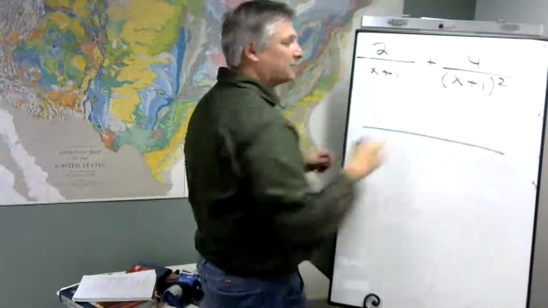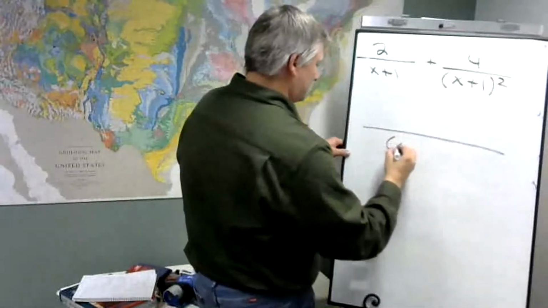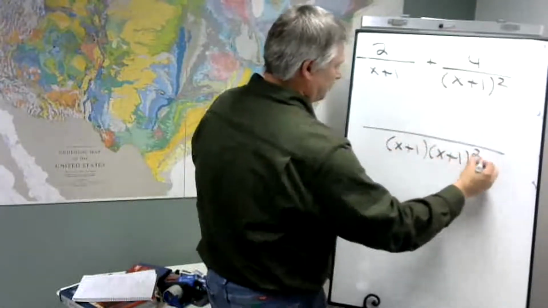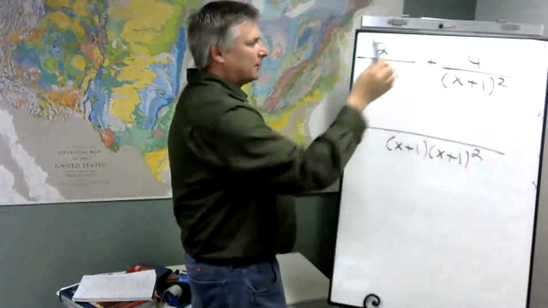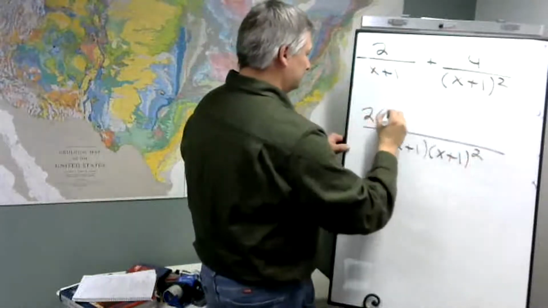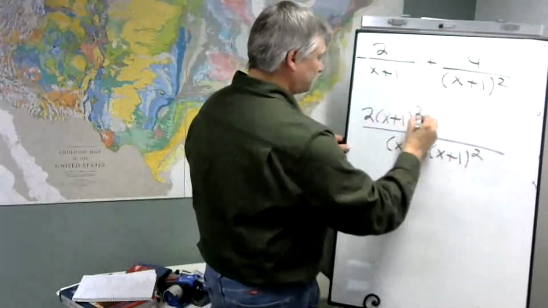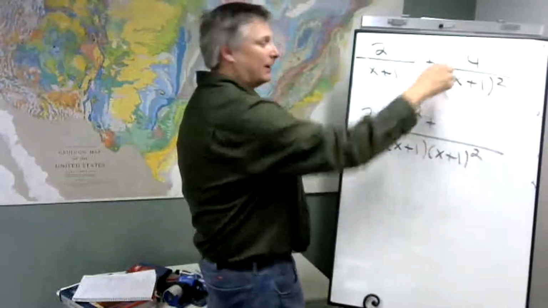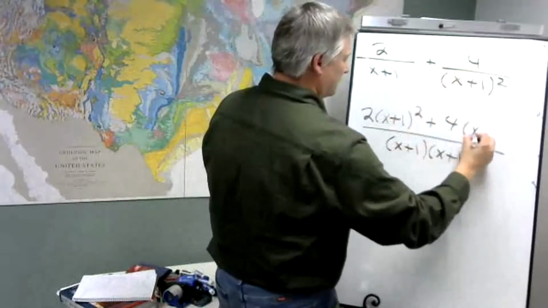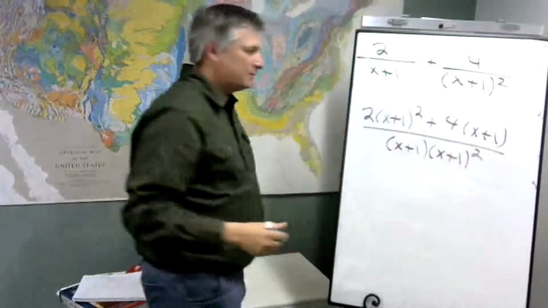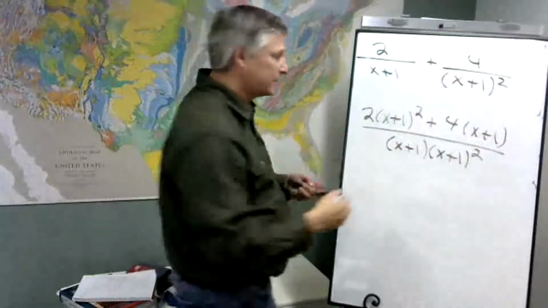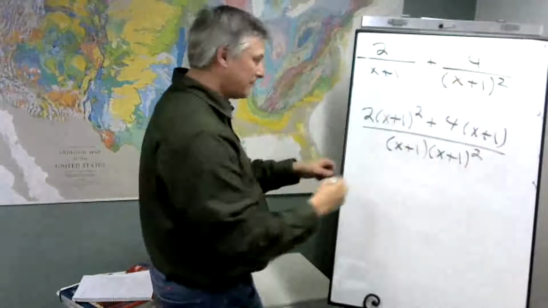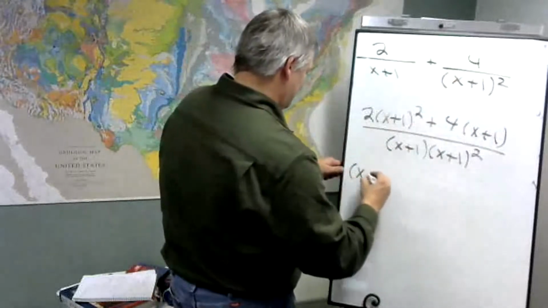You multiply across for the denominator. Cross multiply. Bring down the operator. Cross multiply. And then we're going to simplify in that numerator. Well, what we could do is we could maybe factor out an x plus 1. Do that.